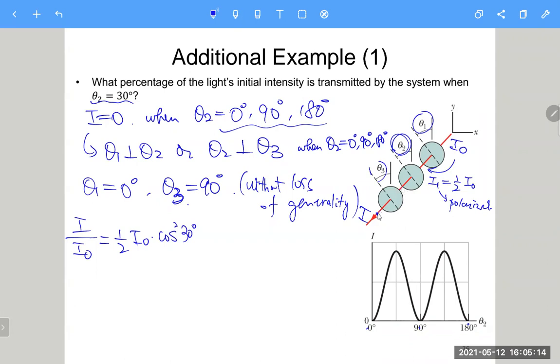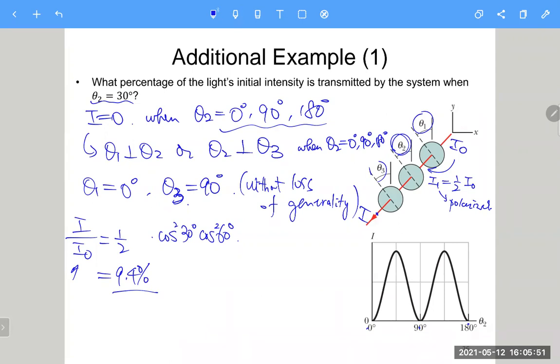And then for the final point, this is 30 degree, this is 90 degree. So we need to multiply by another cosine square of 60 degree. So actually we don't have I0 here because we already derived it on the left side. So finally, this one is nothing but a 9.4%, which is the same as the previous sample problem.